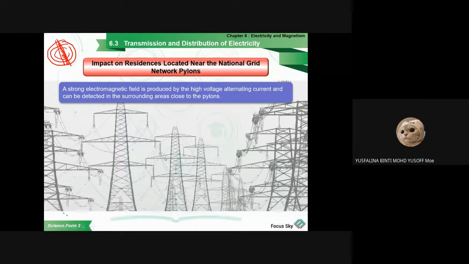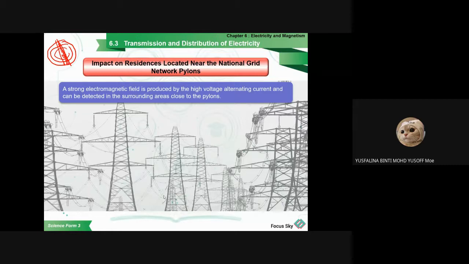If the current is very high, the magnetic field surrounding it is also very high. So if you build a house near the pylons or near the national grid network, you will feel the magnetic fields, and this will affect your health, of course.